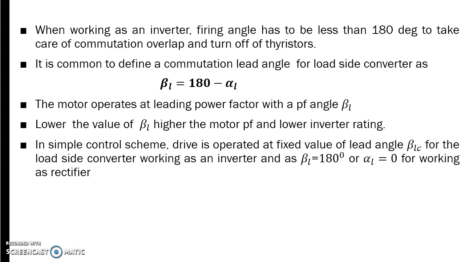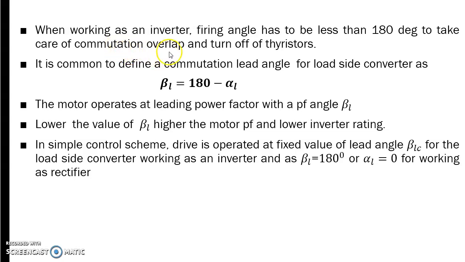It will take a particular time to turn off. In the same time, the other switch in the same leg is turned on. So in that case, there will be a chance of turning on two devices in the same leg. That will cause a direct short circuit. So we should avoid commutation failure.